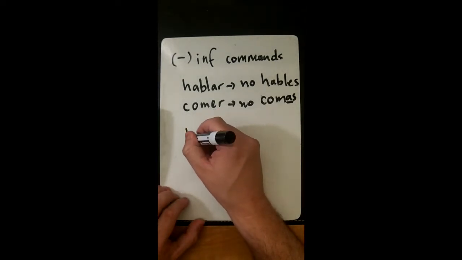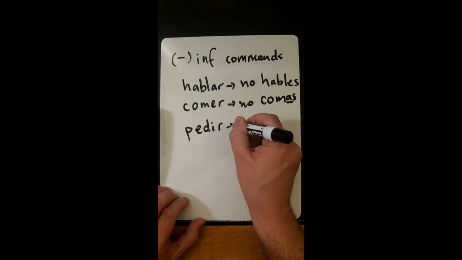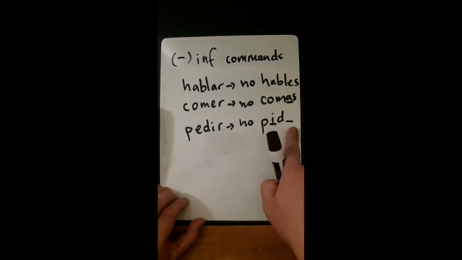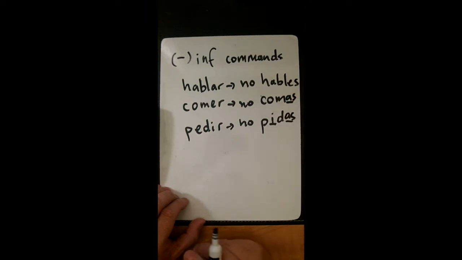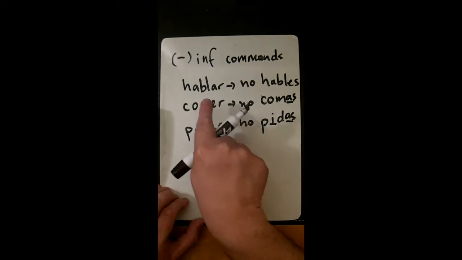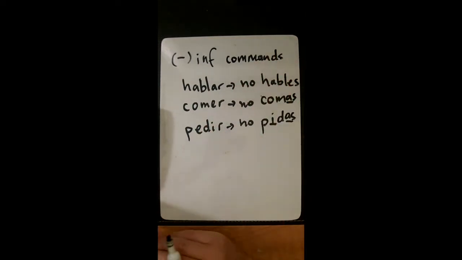And the negative informal command for pedir is going to be no pidas. Muy bien. So to speak, to eat, to ask for. See, so no hables, no comas, no pidas. That will be the negative command.